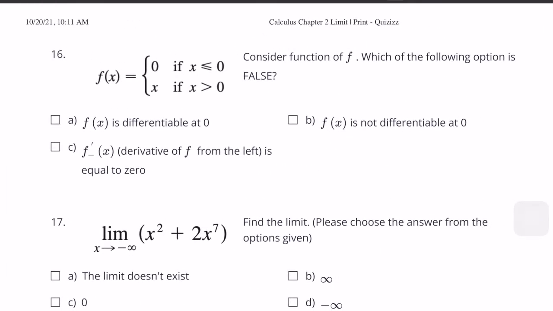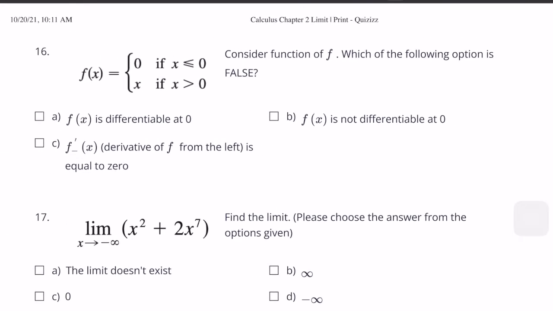Okay, consider function f, which of the following options is false. Okay, we can just make some definition here for the limit as x approaches 0 from the left. So this is left and right, right? This will be 0 and this will be some x, line x, right?